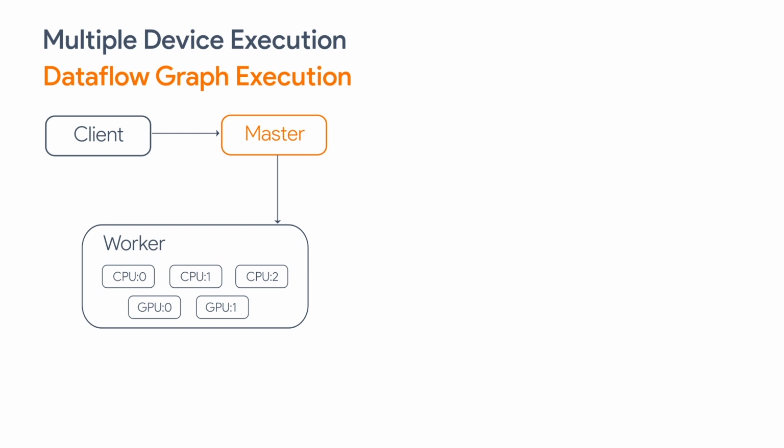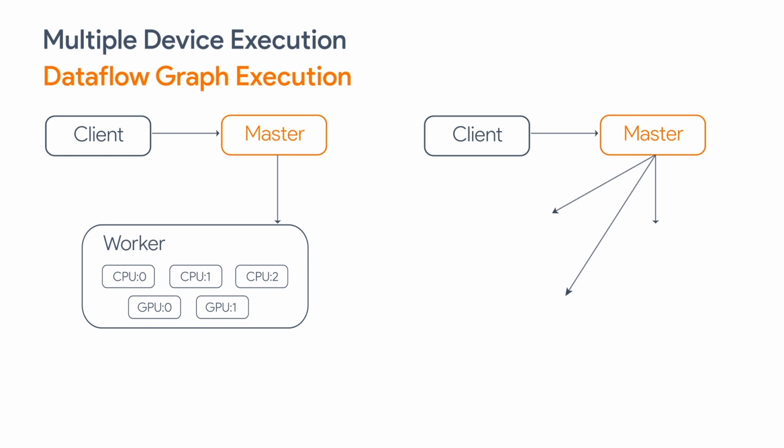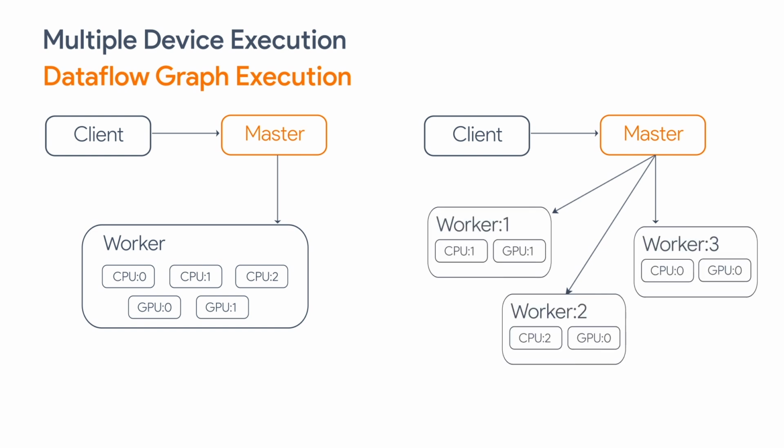Although this diagram is for a single machine, for a distributed system the diagram looks similar, but here we have multiple workers created by the master process which utilize devices from different machines. Note here that a single device can be a part of multiple worker processes. TensorFlow assigns names to available devices.